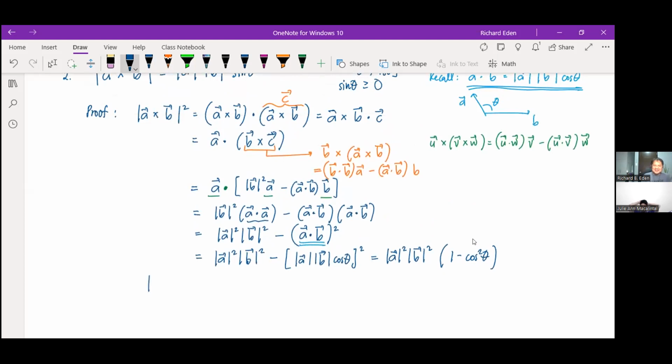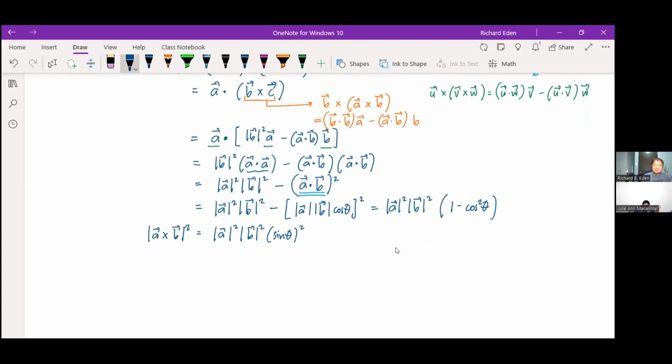All right, so this is what we have. A cross B squared equals the square of the length of A, then the square of the length of B, and then the square of sine theta.